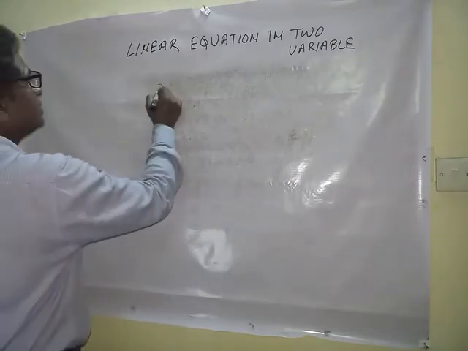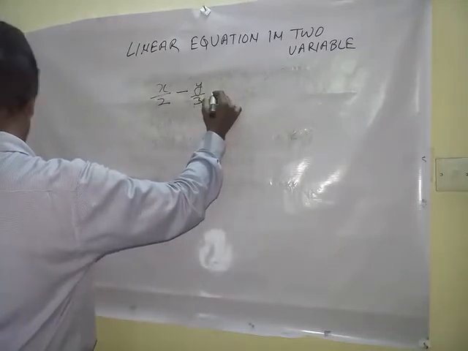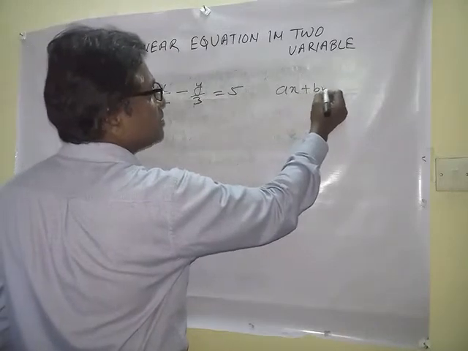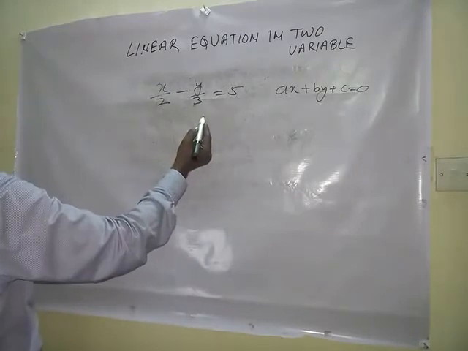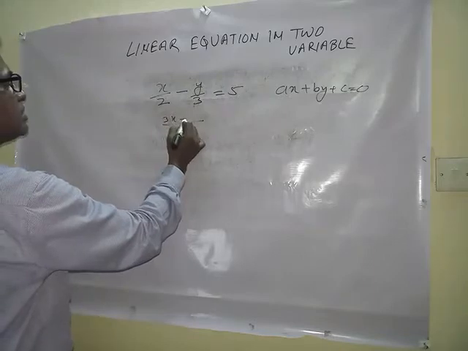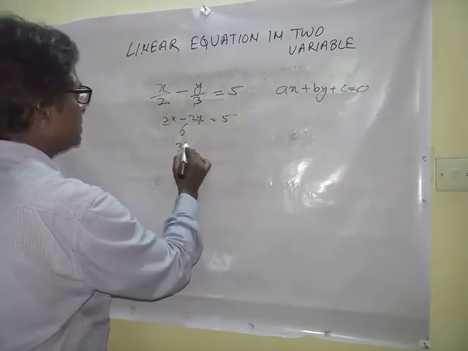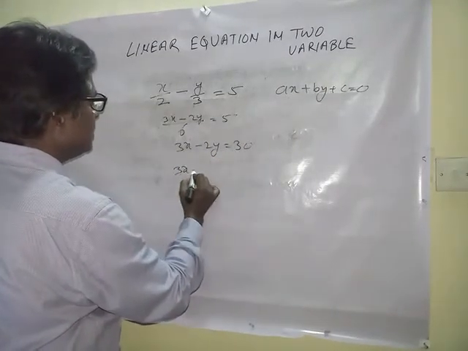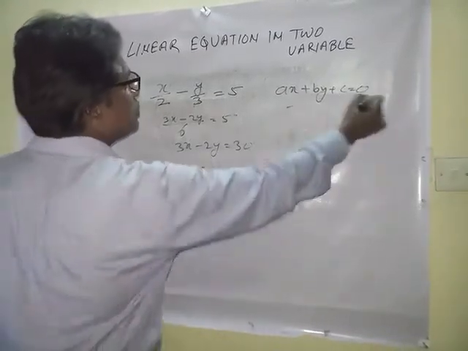An equation is given: x upon 2 minus y upon 3 is equal to 5. Convert it into ax plus by plus c is equal to 0. So you have to solve this. Here the LCM is 6. It is 3x minus 2y is equal to 5, take 6 here, 3x minus 2y is equal to 30. 3x minus 2y minus 30 is equal to 0, which is equivalent to this format.